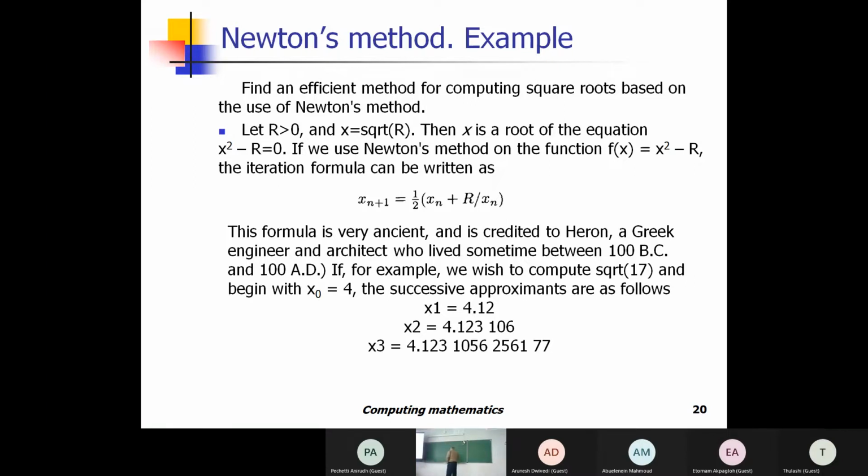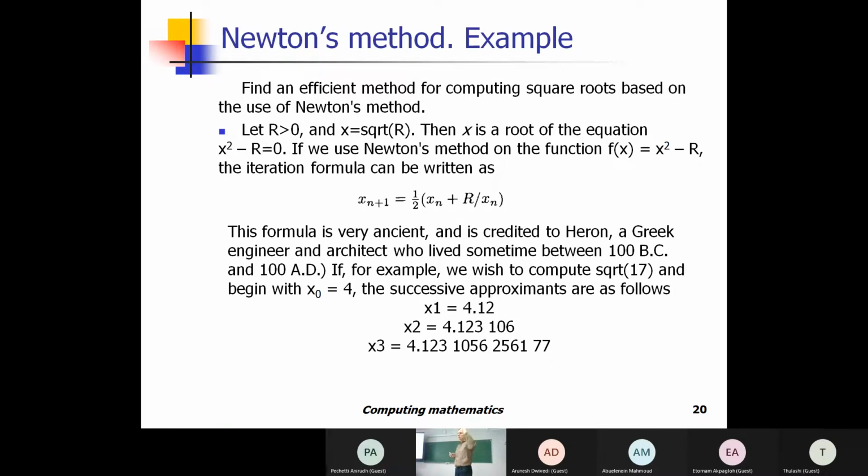Let's apply this formula. This formula is written here on this slide. We derived it on the board. And now let's try to compute the square root of 3. How to start this process?